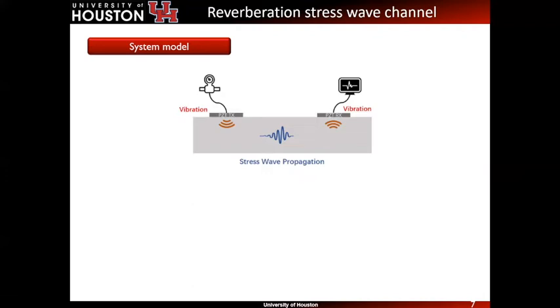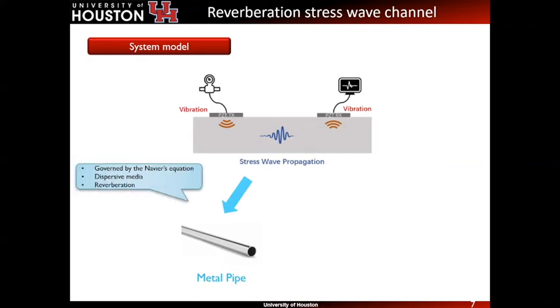Generally, this stress wave communication system consists of two parts. The metal pipe is the medium that the stress wave travels in. Propagation is governed by the Navier equation. The cylindrical metal pipe is also a dispersive medium, and due to the discontinuity from the joint and end, the pipe also reverberates.